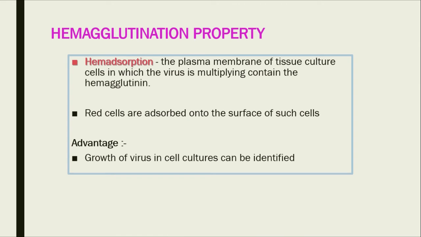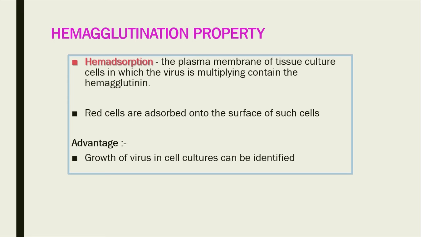Along with hemagglutination, they can also do hemadsorption. Hemadsorption is the non-specific response where a large number of RBCs will clump together around cells. This actually happens around those cells which are infected by the influenza virus. So the plasma membrane of tissue culture cells in which the virus is multiplying contains hemagglutinin. So around the host cells, new cells will come and join.